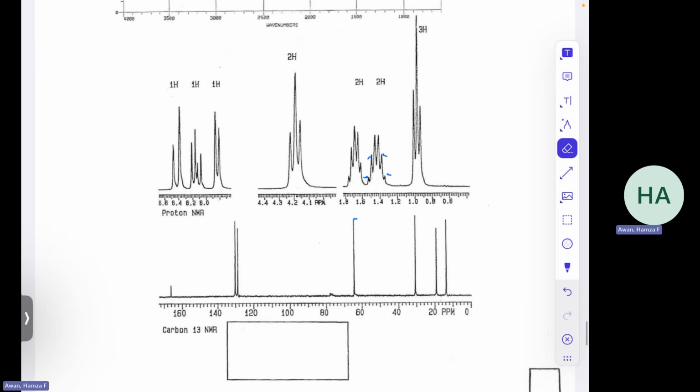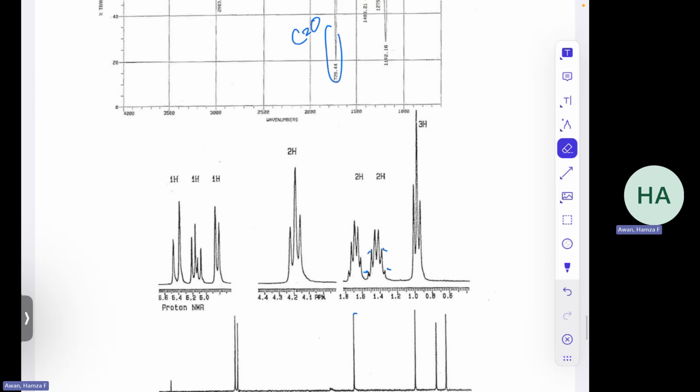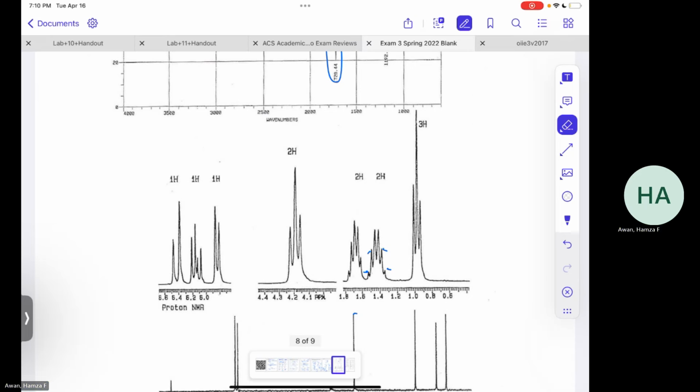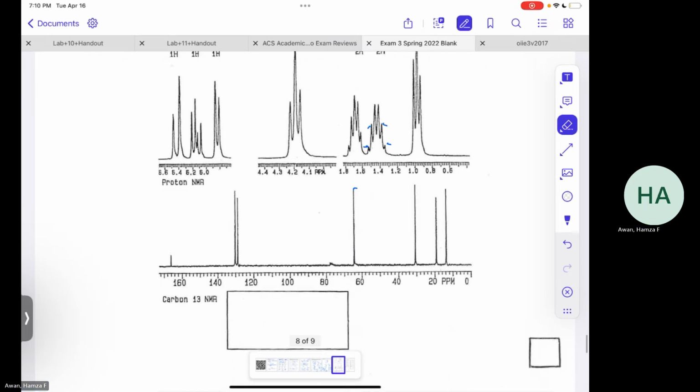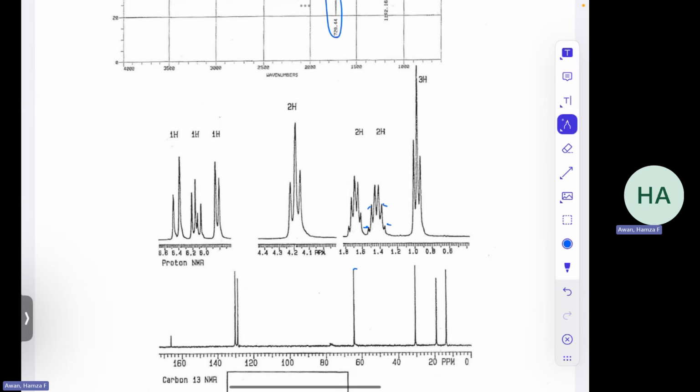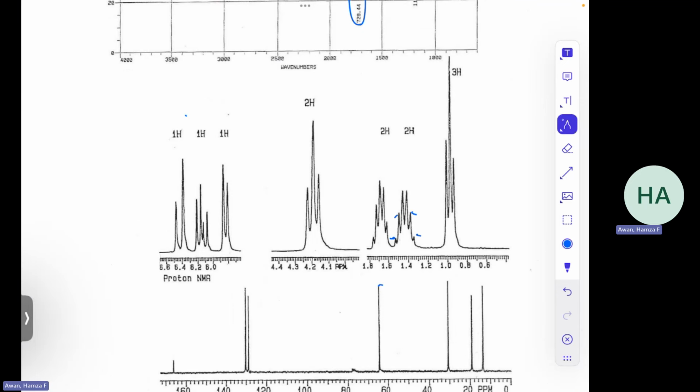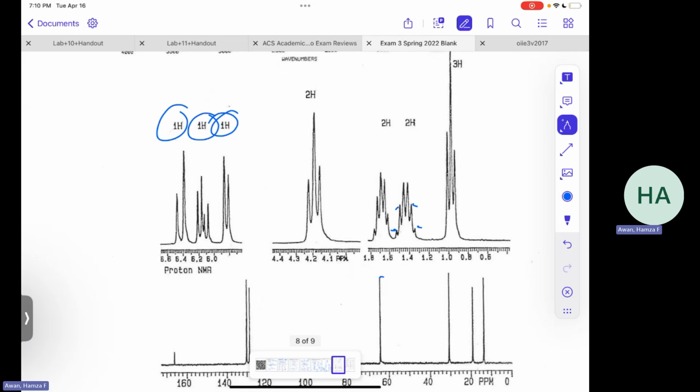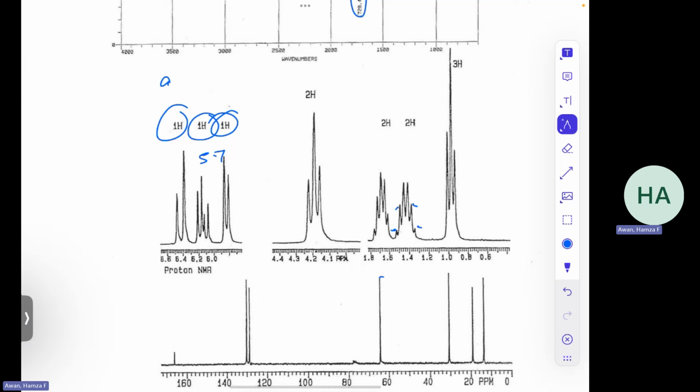And now if we look over here, one thing I noticed straight off is that there are 3 hydrogens right here in the 5 to 7 range. This is the range for the alkene hydrogens. So these are alkene hydrogens.